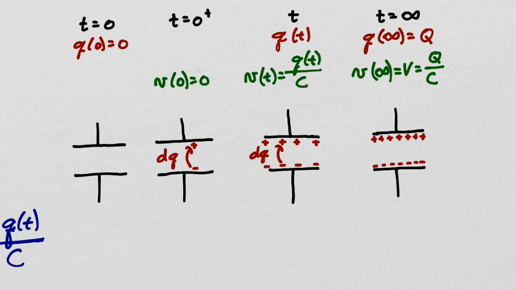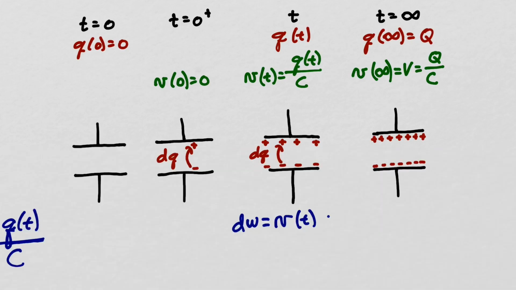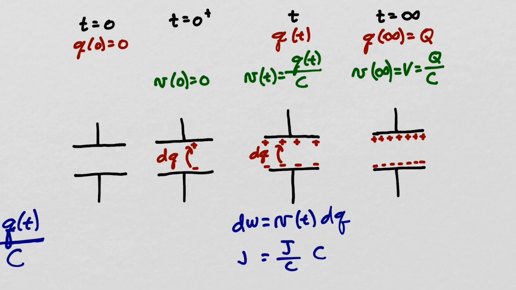So the amount of work, dW, to move dq from the lower plate to the upper plate is the voltage across the capacitor times dq. The voltage is the number of joules per coulomb, and the dq is the charge in coulombs, so the product of those is the amount of work in joules.